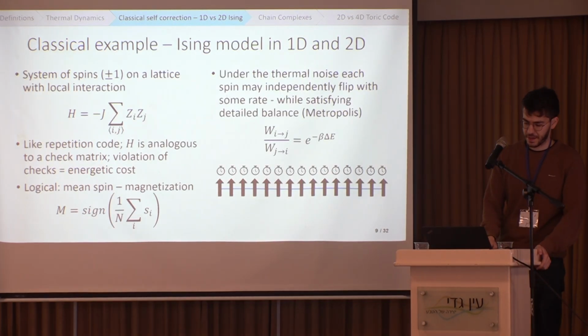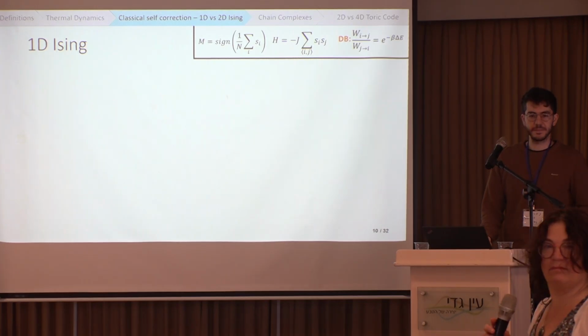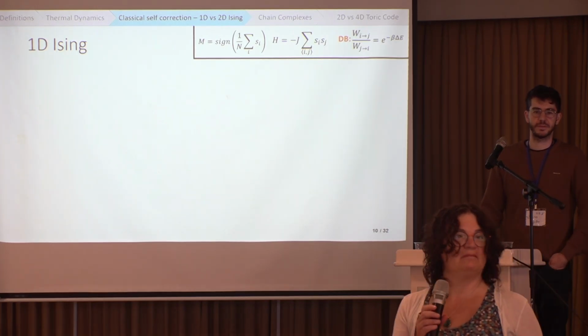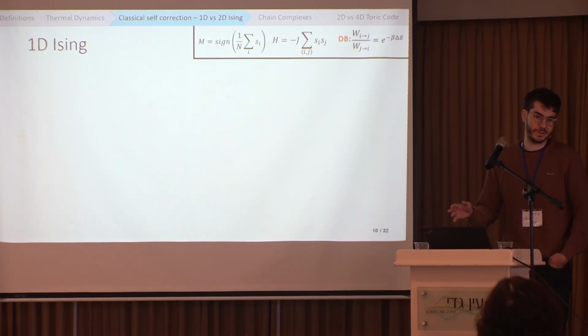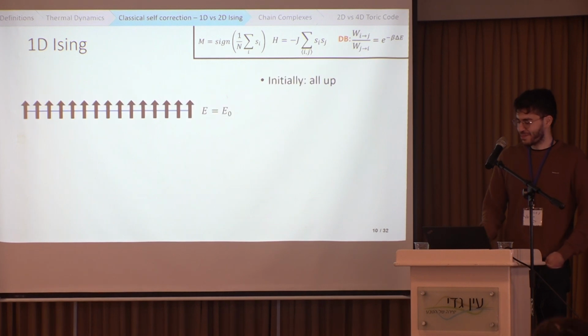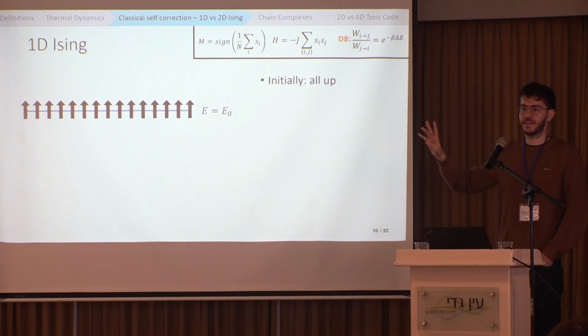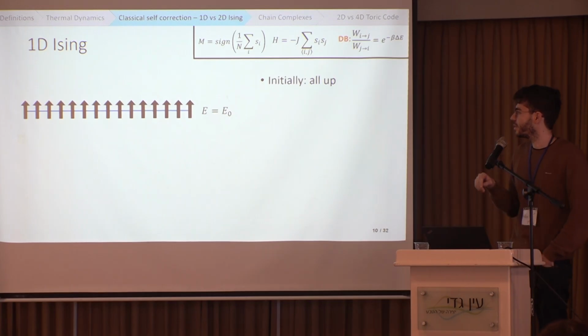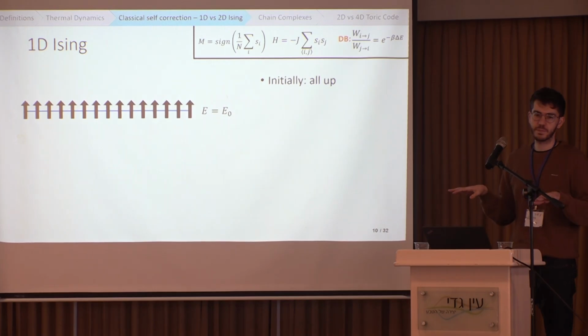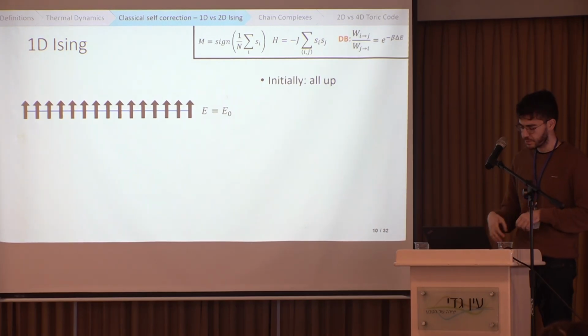Okay. So let's start with the 1D case. We start with spins sitting on a chain, and we initially set them all pointing up. And we have some energy for this, which is the ground state energy.